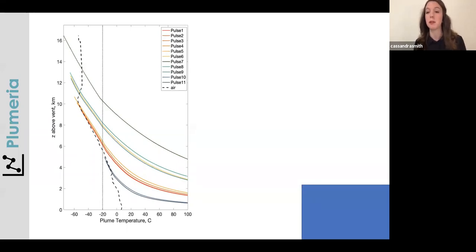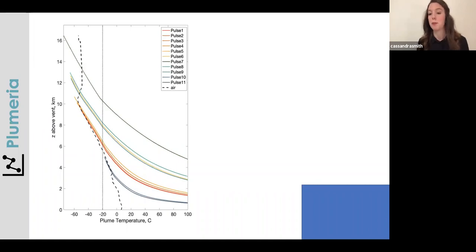I'm mainly going to talk about the temperature and the density. This first plot here is the plume temperature with altitude. The dashed line is the air temperature, so ambient air, and the dotted line just marks negative 20 degrees Celsius.